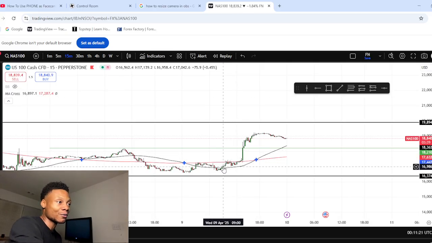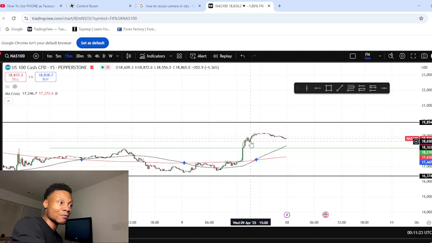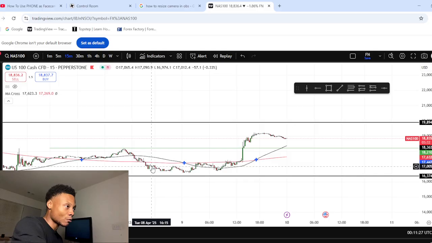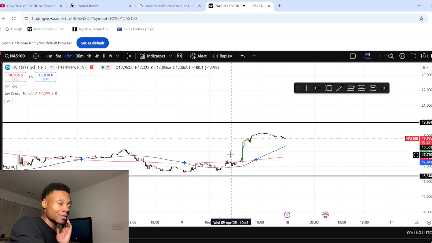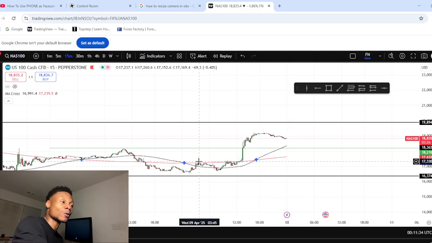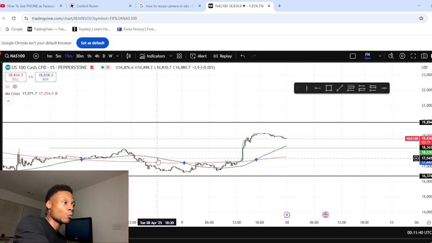If price is above a moving average, it's going to continue up. Vice versa, if it's below a moving average, it's going to go down. Sometimes it doesn't matter which moving average, but you definitely want to have both of them. The black one represents my 60 moving average.